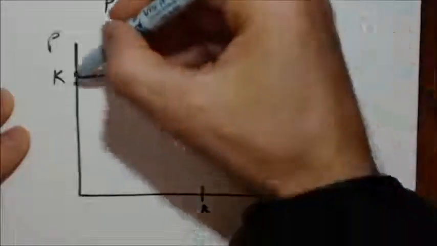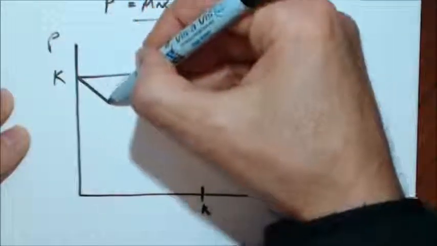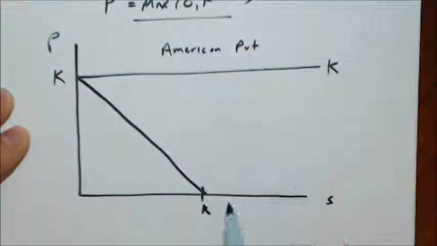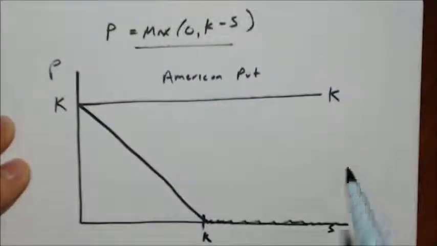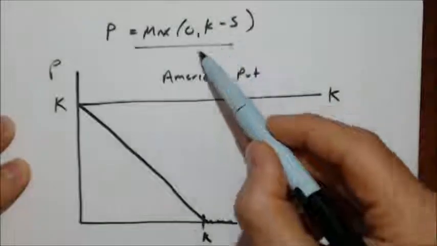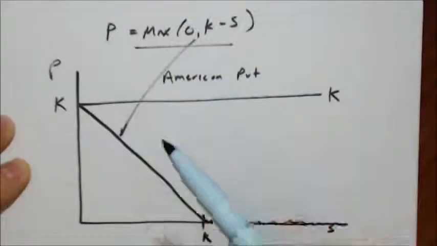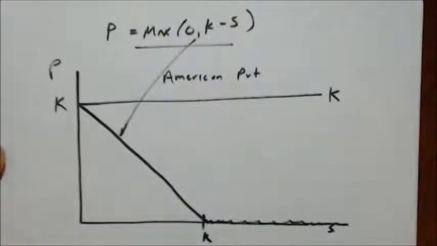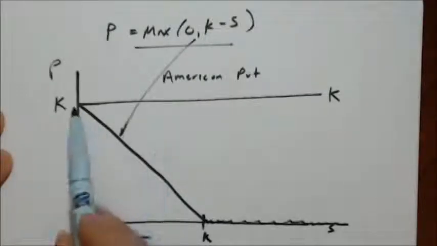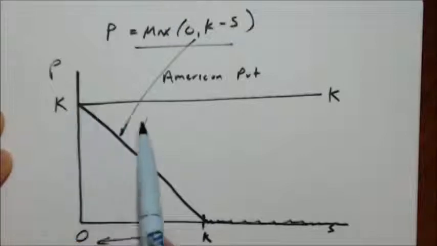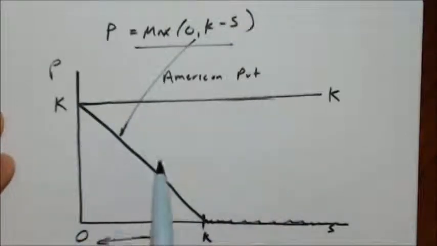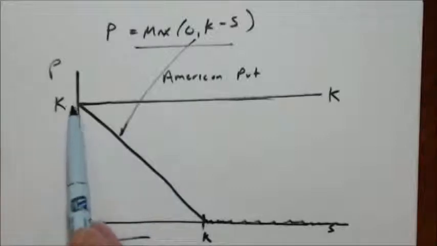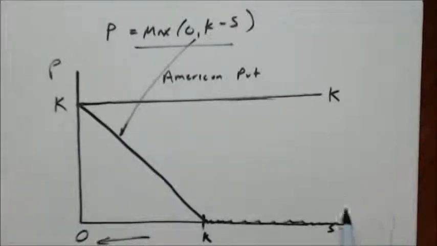And here's the hockey stick at expiration, and here's the rest of the hockey stick. At expiration, here's that K minus S. The most you can get is if the stock drops to 0, you're going to get K. With a put option, you can exercise at any time, so if the stock immediately drops to 0, you're going to get K in proceeds.